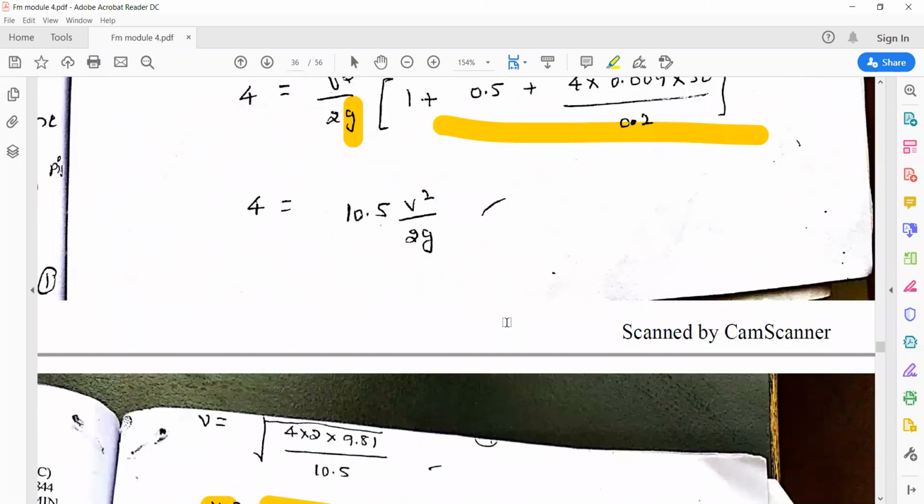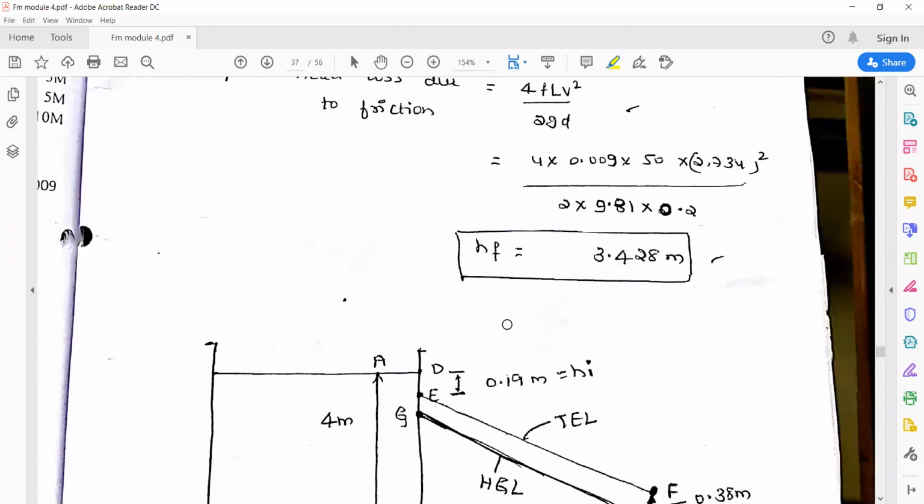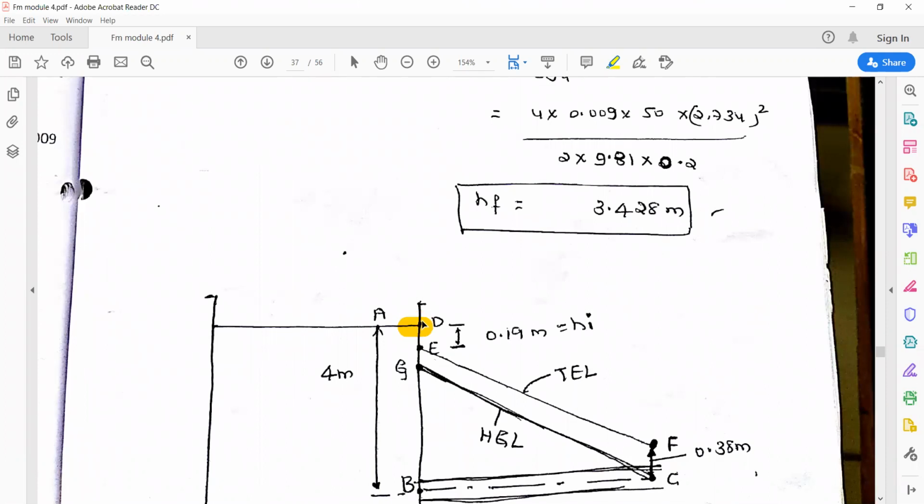So 4 is there at section 1. At this point, which they have denoted with D, the total head is 4 meter.